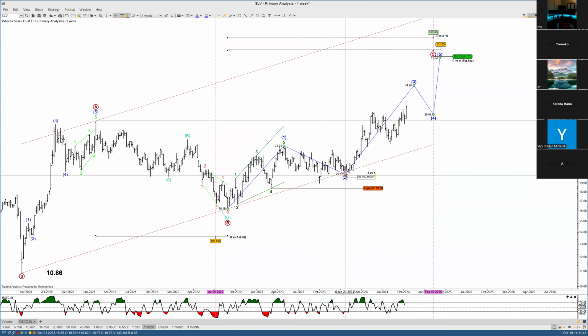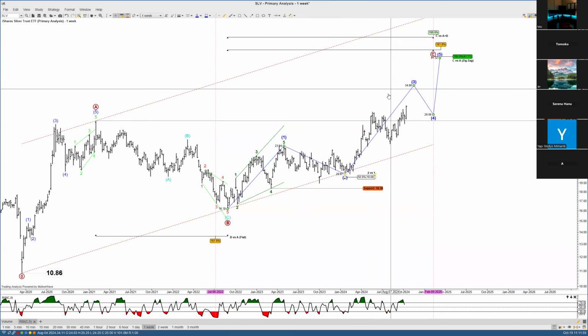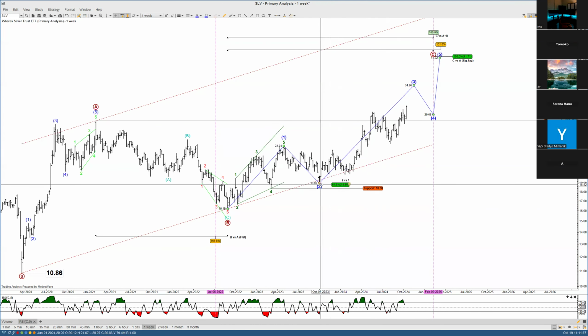So either this 1 goes here. If we do that, then we need to start the count from here. Because putting 1 here doesn't work. Because if I put 1, 2, then where's 4 and 5?